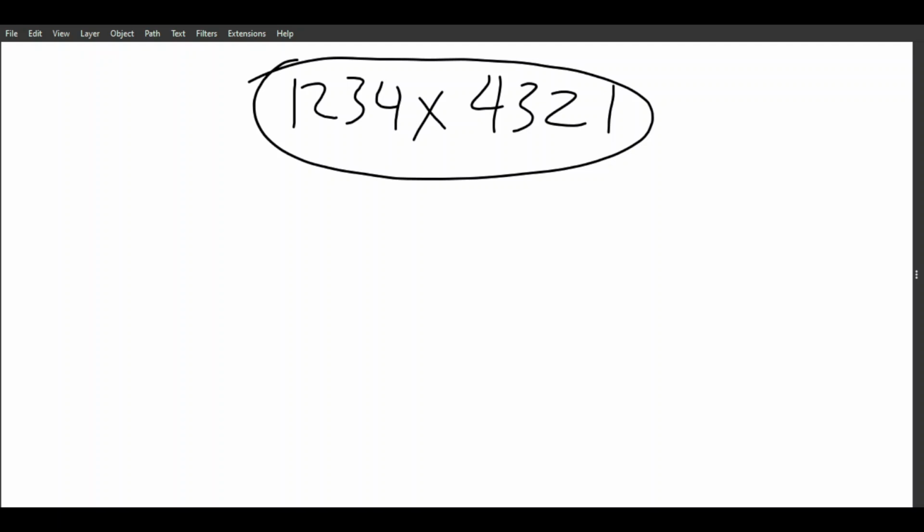What are the subproblems? The first subproblem is to multiply the high parts. So we divide like this. This is h1, this is l1, this is h2, this is l2. So the first subproblem is multiply the high parts, h1 h2: 12 multiplied by 43.